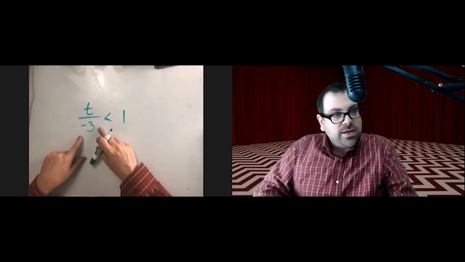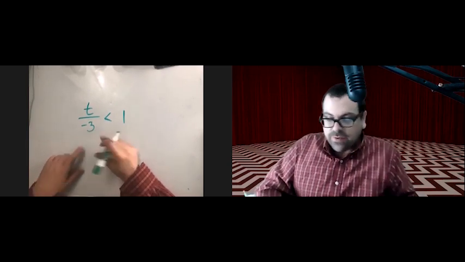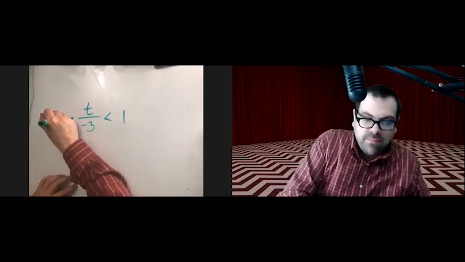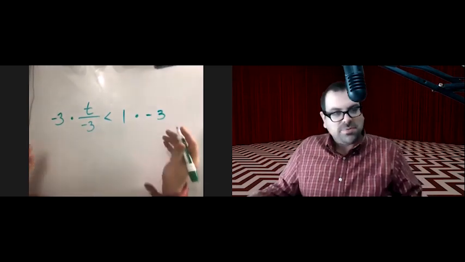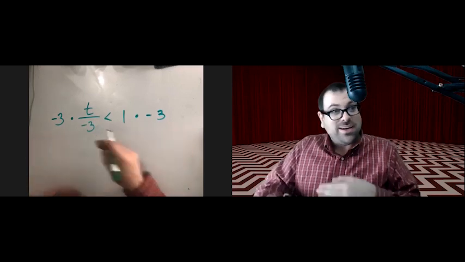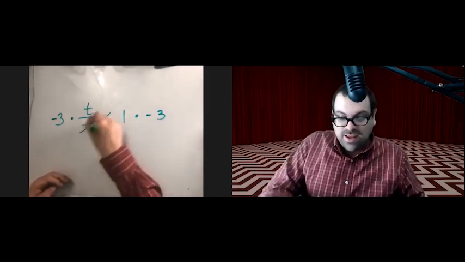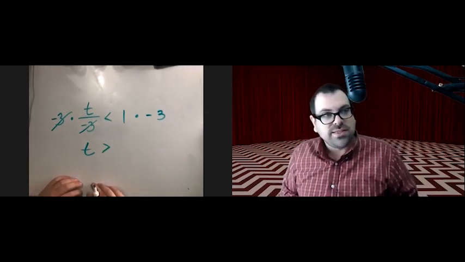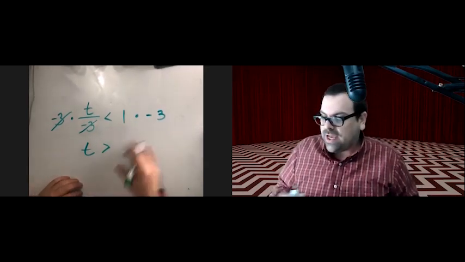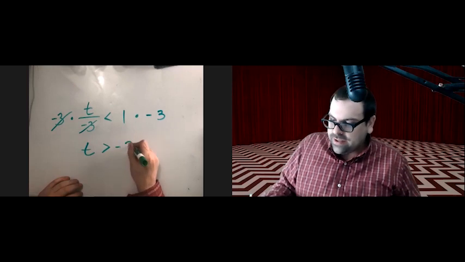Here we would need to undo dividing by -3. We would do that by multiplying by -3. And here we're multiplying both sides by -3 to undo division. And that switches the sign. 1 times -3 is -3.